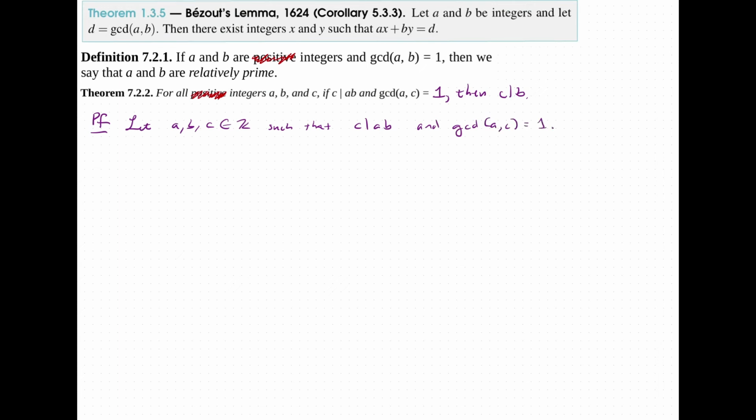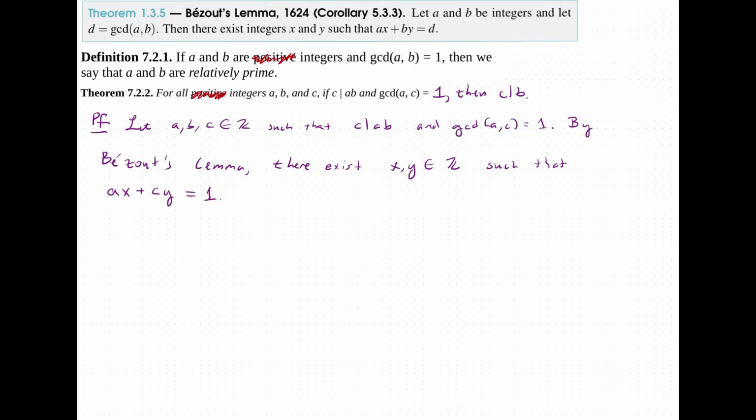And now by Bezout's lemma, what we get is that there exists integers x and y such that a times x plus c times y is equal to 1, since 1 is the GCD of a and c. And so we got this here.